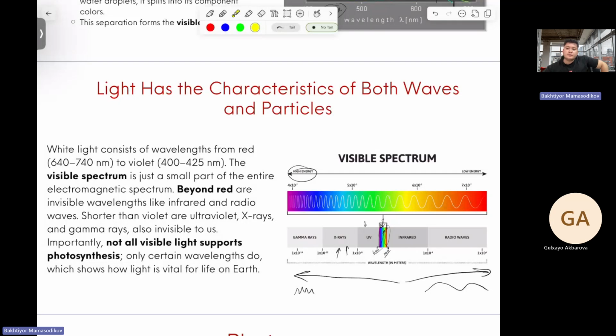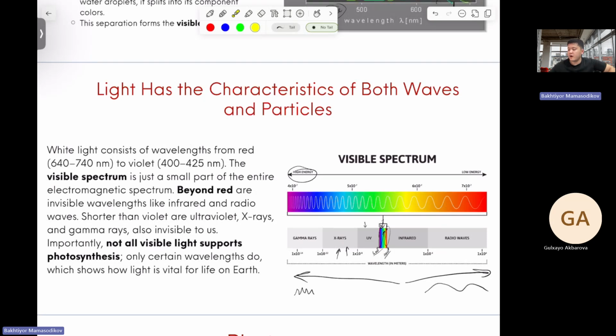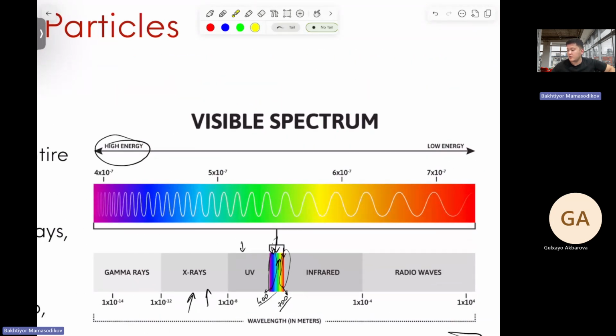When the light is a mixture of all visible colors, from violet until the red one. As you can see, this is the violet color. After the violet, the blue color comes, then the green, and after that the yellow, orange, and red.